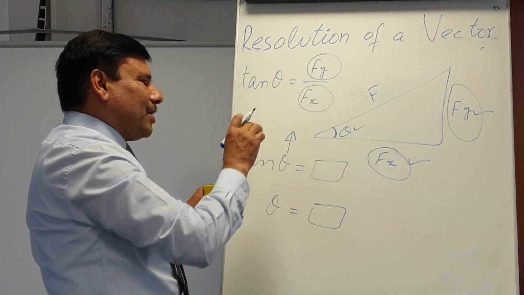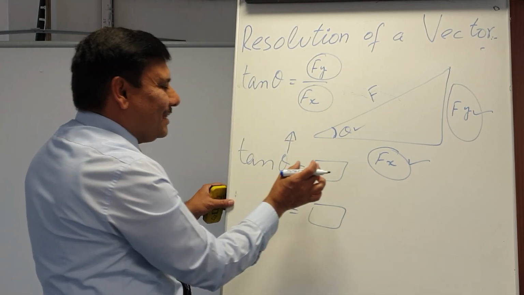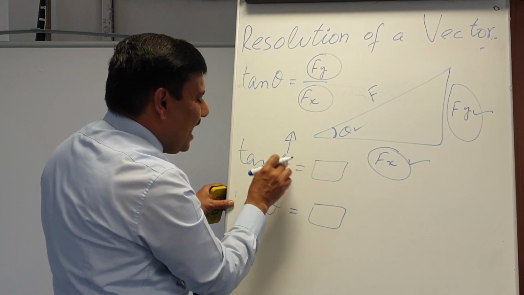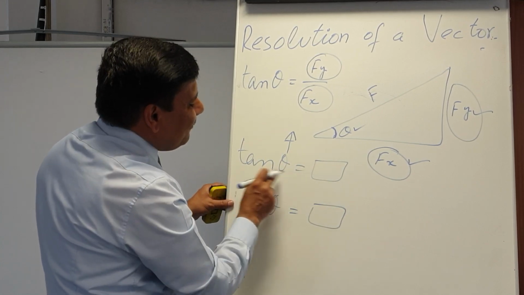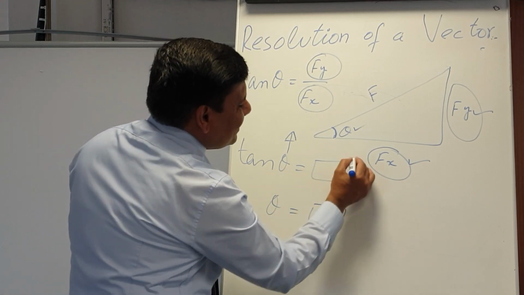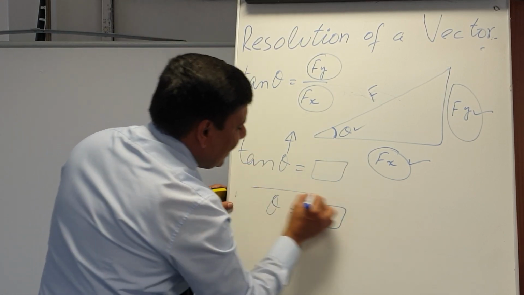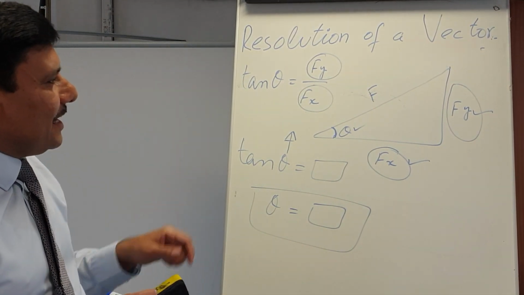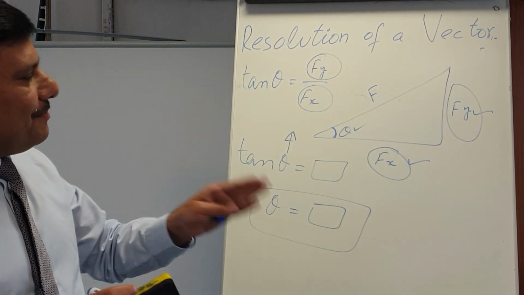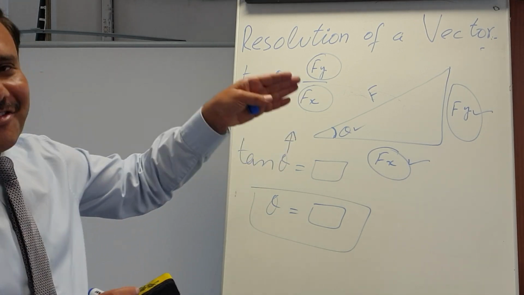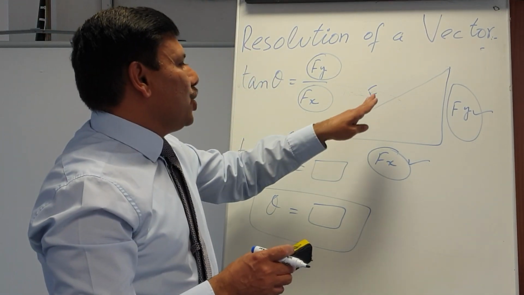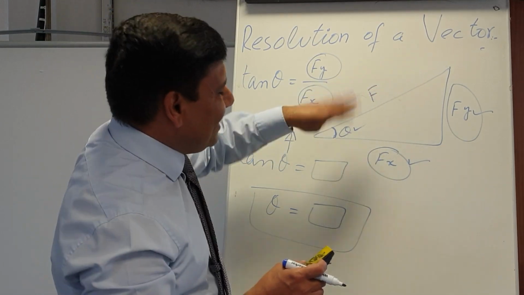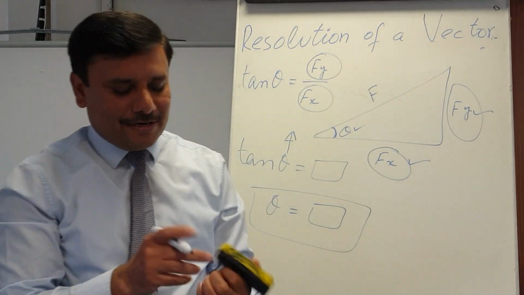Actually you are trying to find out for which value of theta, if we take the tangent of that theta, we will get this value. So in this way, you would be able to determine the value of theta. So theta means you have determined the direction. So in this way, you have obtained the magnitude and direction of the resultant vector.